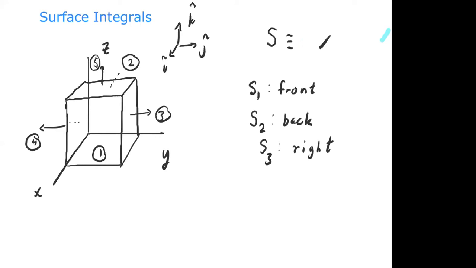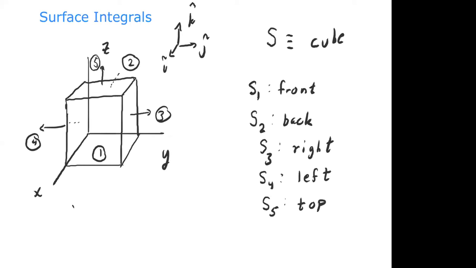Surface 4 is going to be the left-hand side of the cube. And I'm only going to worry about the 5 sides, not the 6 for this problem. Surface 6 will be the top.